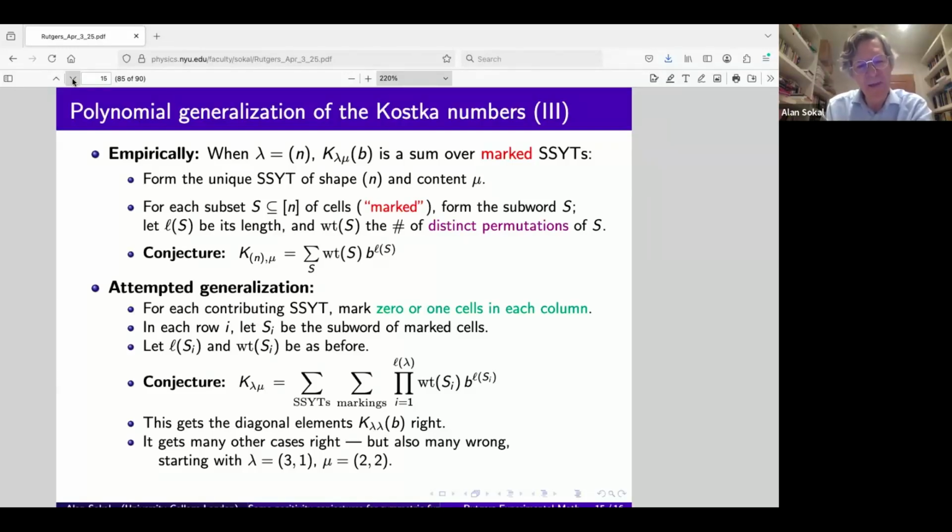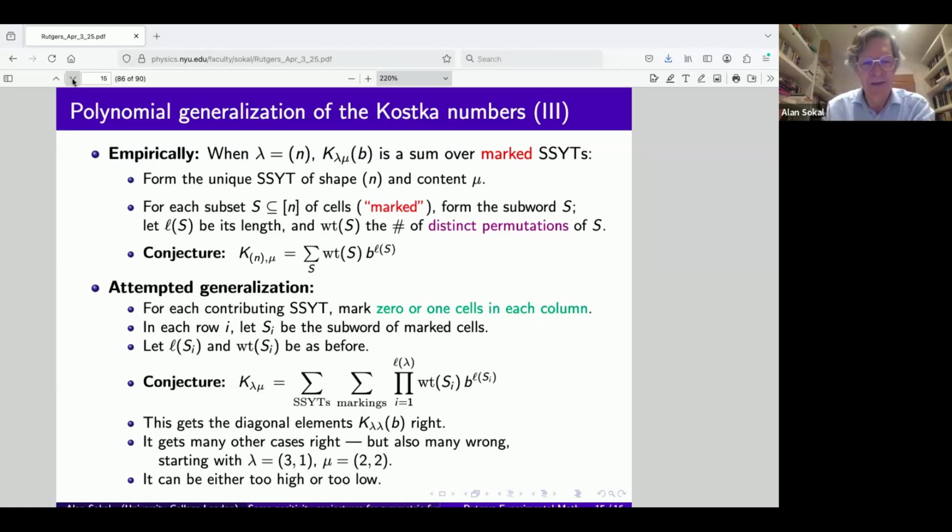And so then Yusra and I thought, okay, maybe we have to put some extra constraints on what you're allowed to mark. But it turned out to be more complicated, because although in the first cases we saw that this conjecture was too high, and then we thought we needed more constraints, it turned out that for some bigger cases it is too low.